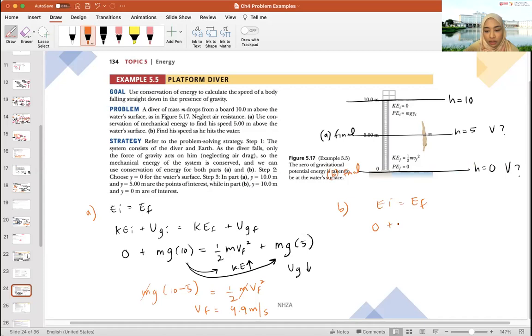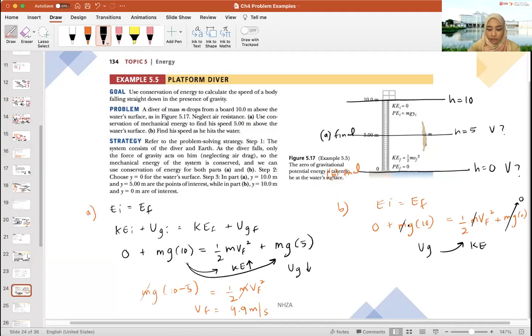So 0 plus mg10, same as before, only E final changes. So now we have 1/2 mv final squared plus mg times 0. So previously our mg10 was converted into KE and UG. Now this guy is 0. Our UG is transformed completely into KE. So our life is easier. So M cancels out. So 9.81 times 10.